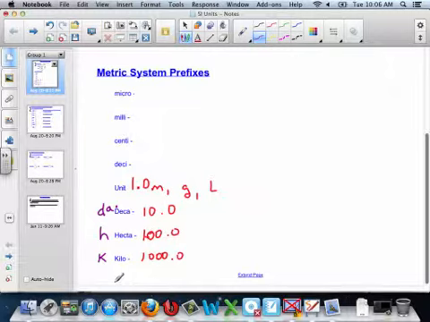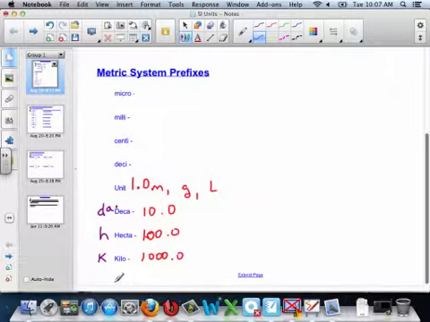Move it around, right? Okay, so here's the issue. I know a lot of you are like, why do I do metric? It's so confusing. But I could ask you right now how many cups are in a gallon, and most of you aren't going to know that answer. Or how many teaspoons make a tablespoon, and how many tablespoons make a cup? You don't know. These are units we use all the time in the United States for volume.